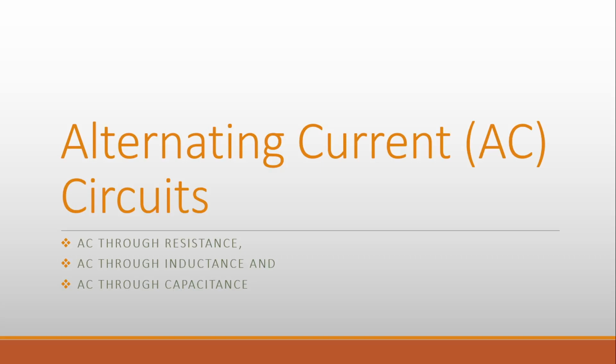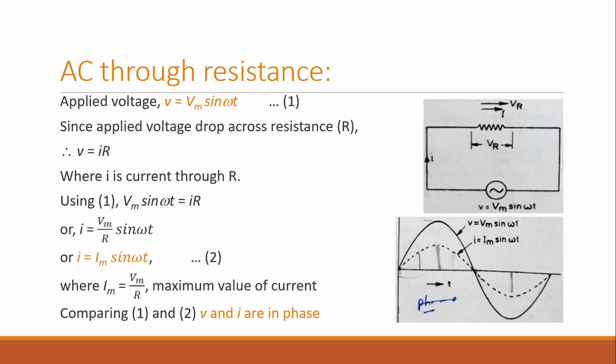Along with this, we also see the J operator and use of complex numbers, complex variables in solving alternating currents. So let us see AC through resistance.